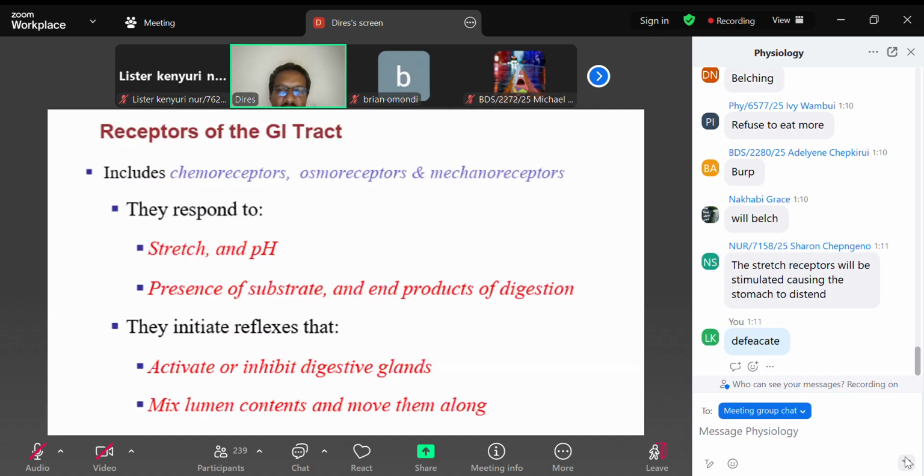Any student who answers this question will be the student of the day. What is the name of this reflex? If you are asked, what is the name of this reflex that leads to defecation? Stomach distension leads to increased contractility of the colon and then defecation. So what is the name of this reflex?